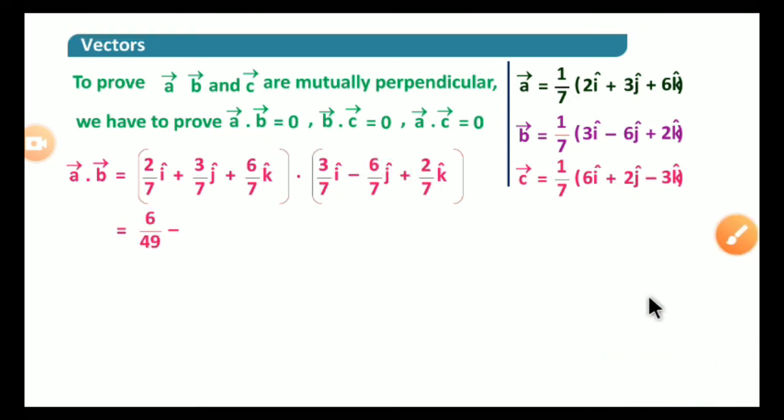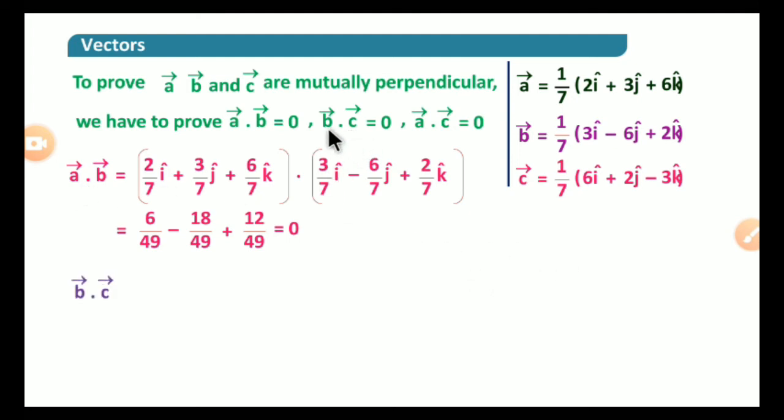Therefore, we have 6 by 49, because 2 times 3 is 6, next minus 18 by 49 and plus 12 by 49. The denominator is 49 only, so we can take the LCM as 49, and after adding and subtracting, the numerator becomes 0, because 6 minus 18 is equal to minus 12, plus 12 is equal to 0. Therefore, A dot B equal to 0.